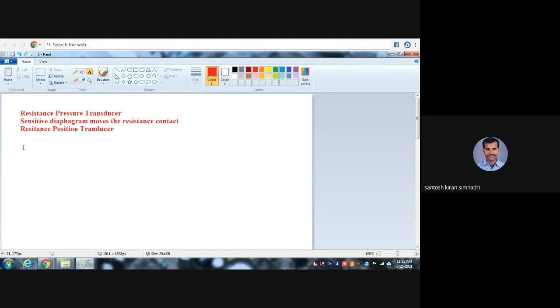R equals rho into L by A. What is rho? Resistivity. What is R? Resistance. What is L? Length. What is A? Area. Once there is any change in the length, what happens? Resistance value is varied. If the resistance varies, voltage is also varied.